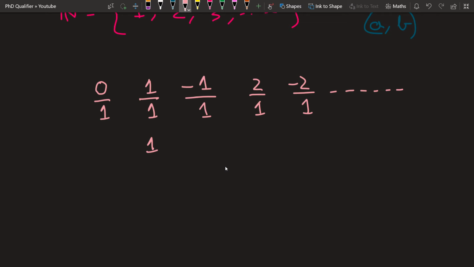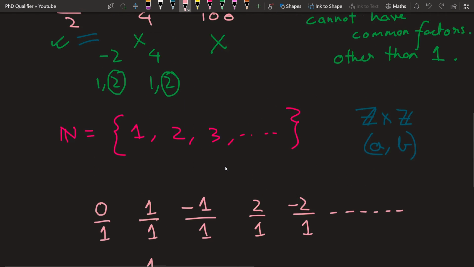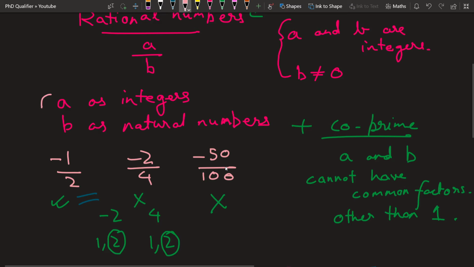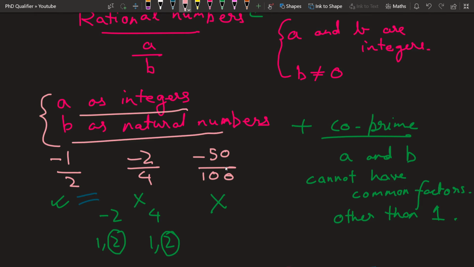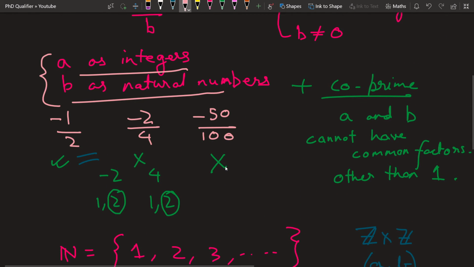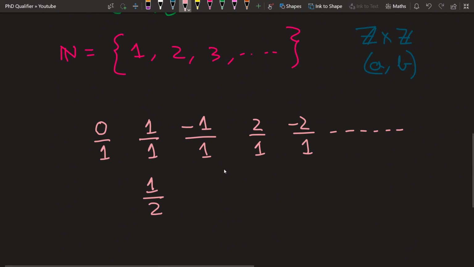Here I can write 1 by 2. Here also I am skipping 1 by minus 1. So what I am doing is I am having this modified definition of rational numbers, where a is an integer and b is a natural number, so that I don't have to encounter repeated rational numbers as often. I will still get them, because it's very difficult to include this co-prime definition inside this representation, but I will try to avoid them as much as I can.